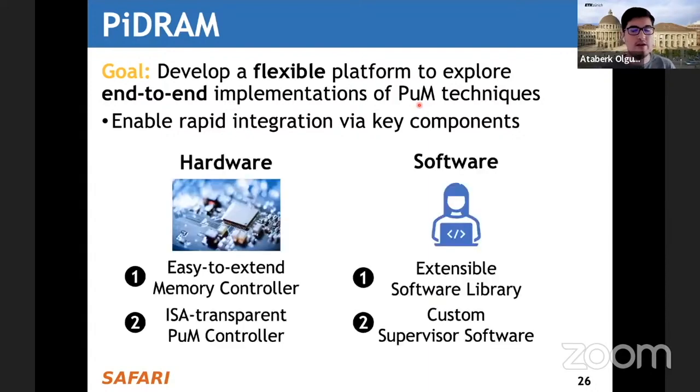On the hardware side, we have an easy-to-extend memory controller so that developers can integrate new techniques more easily, and an ISA-transparent processing-using-memory controller so that we can provide a flexible controller that is portable to many different architectures.